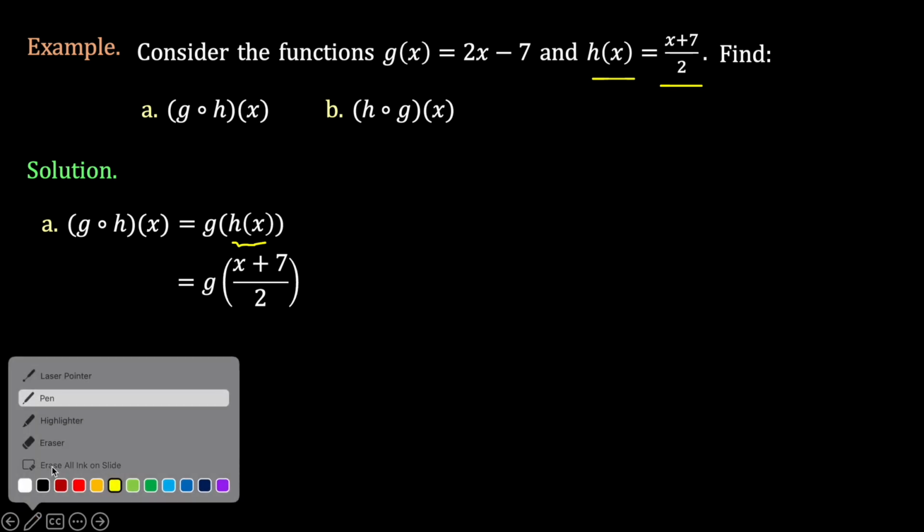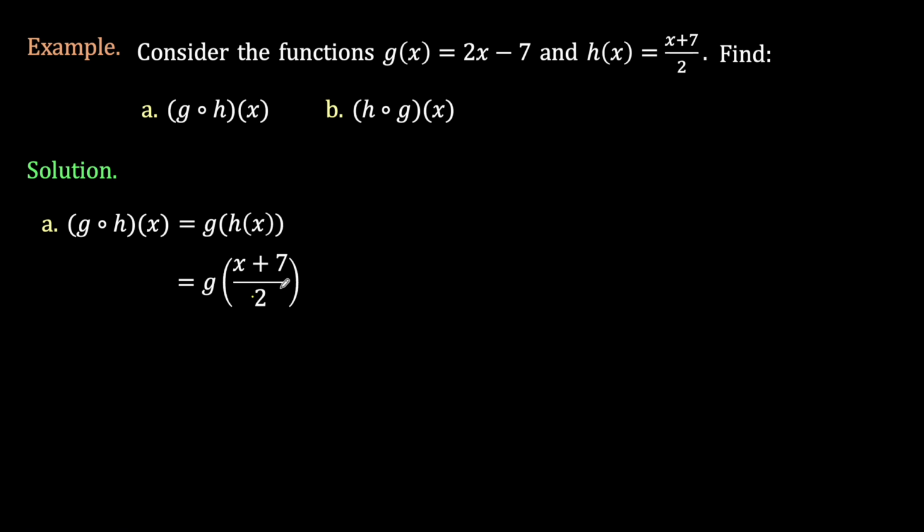Next, x plus 7 all over 2 is the input for the function g, but g is 2x minus 7. So, as 2x minus 7, we will replace this variable with our input. We will have 2 times the quantity of x plus 7 all over 2. Of course, we have a minus 7.